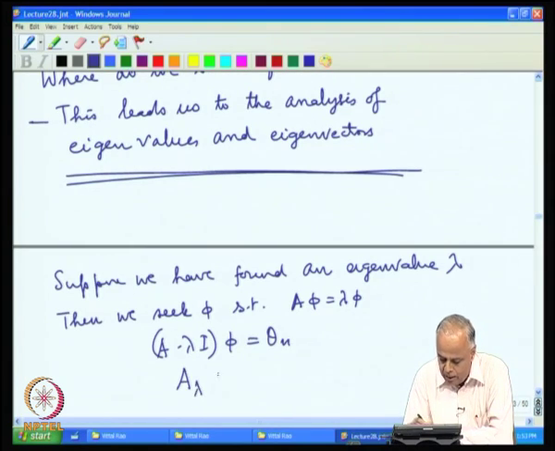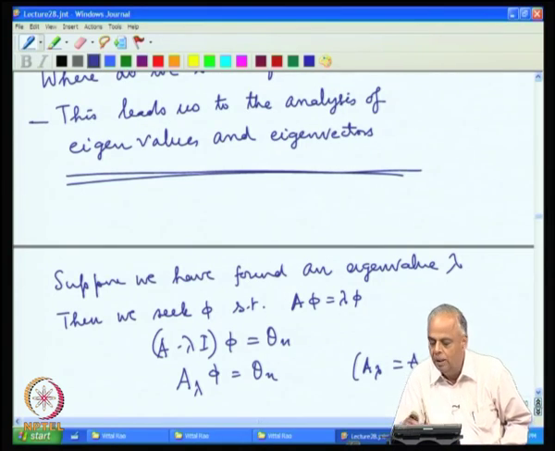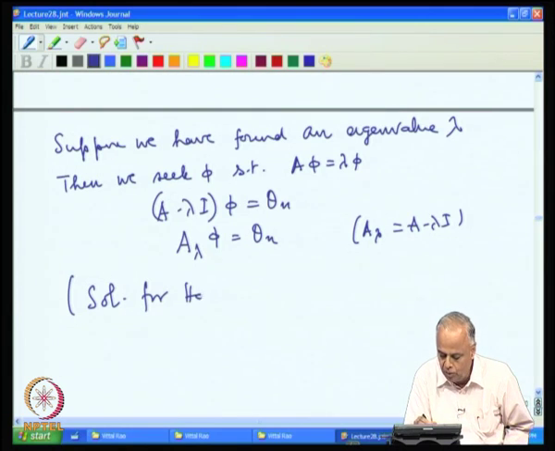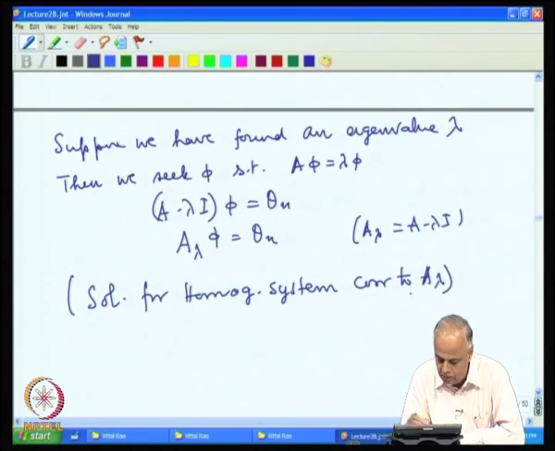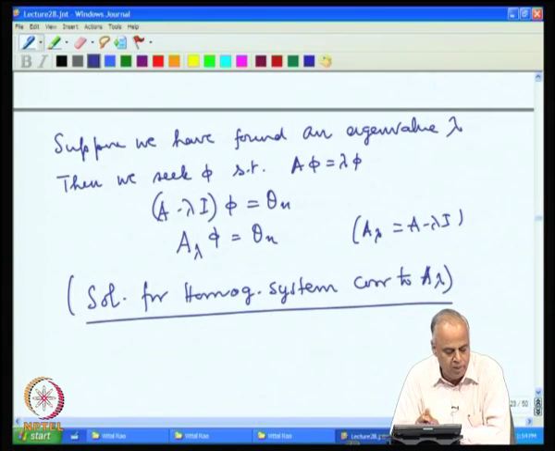If we call that matrix A_lambda, which is A minus lambda I, then it boils down to finding the solution of a homogeneous system corresponding to A_lambda. Therefore, that is a fairly easy job. We have seen how to treat homogeneous systems.